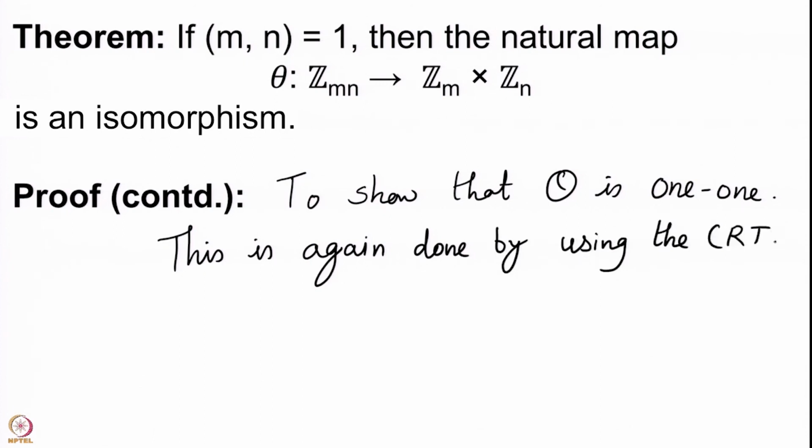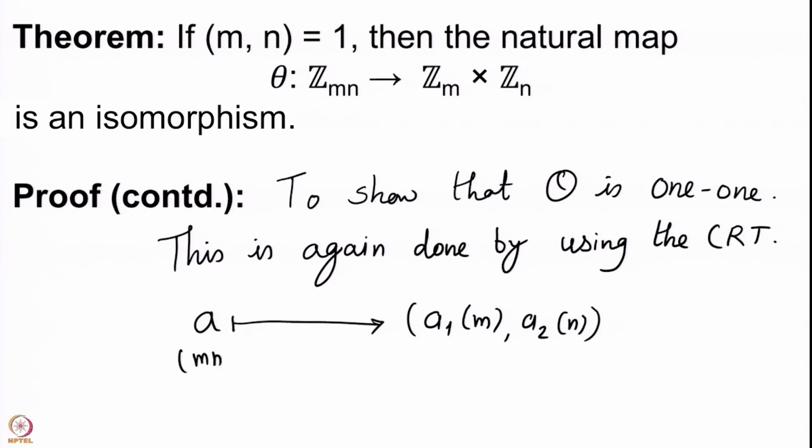Remember, the second part of the Chinese remainder theorem told you that when you take any A1 mod m and any A2 mod n, the solution A that you got here is unique modulo mn. The uniqueness is precisely the 1 to 1 ness that we are looking for.